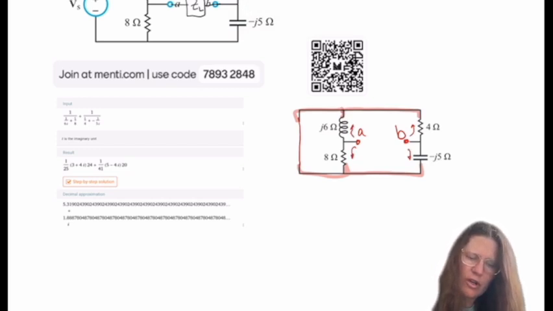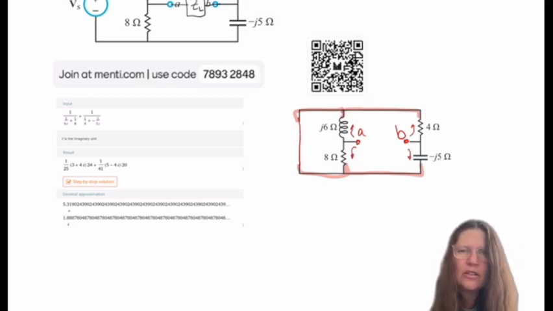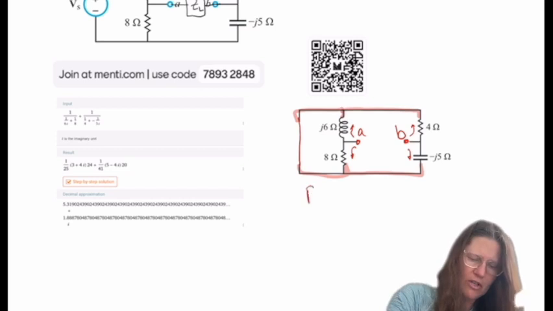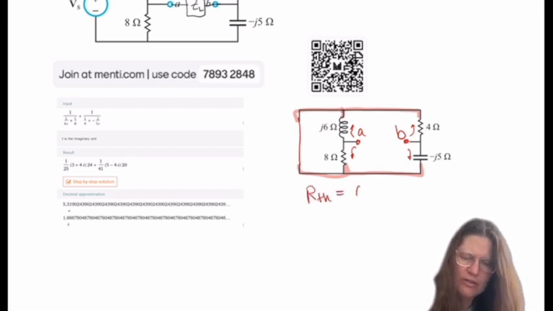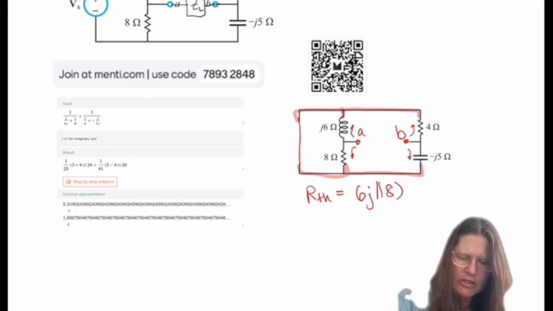So the A side is going to be separate, so RTH is 6j in parallel with 8, and then you need to add the 4 in parallel with minus 5j.